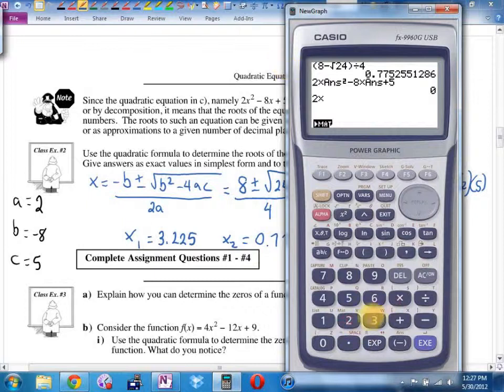Two times 3.225 squared minus 8 times 3.225 plus 5. It doesn't quite equal 0 because I rounded off. It equals 0.00125. It's close to 0. You're going to round off a little bit. That's the quadratic formula.